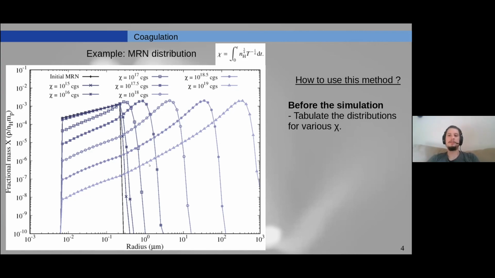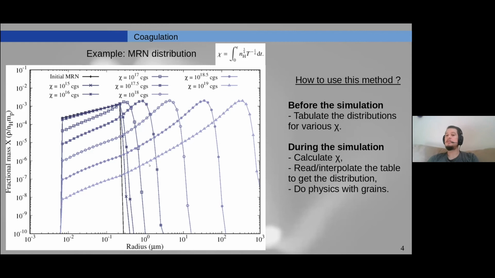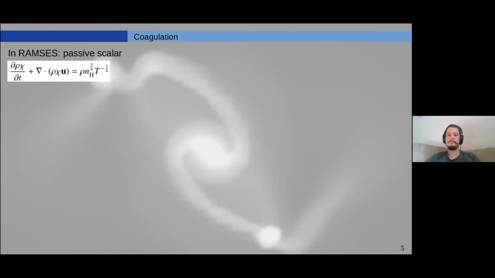Then during the simulation, you calculate chi, then you read or interpolate the table to get the distribution, and then you can do physics. For example, in Ramses, it can be implemented as a passive scalar with a source term. Actually, it's not chi itself that's implemented as a passive scalar, it's the quantity rho chi. So it's fairly easy to do and fairly cheap.